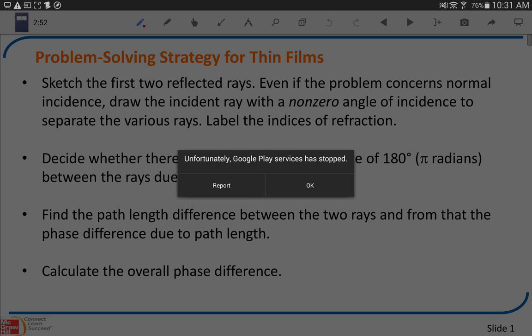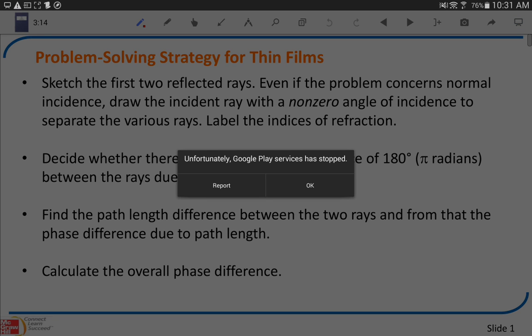If the light reflects off a medium with a slower wave speed, then you will have a phase shift of pi radians. If it reflects off a medium with a faster wave speed, then you don't.